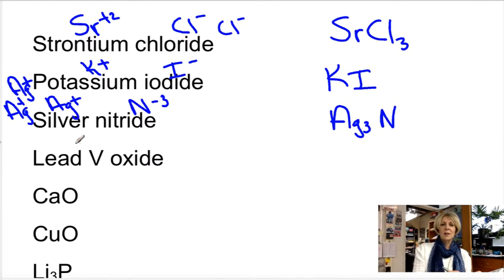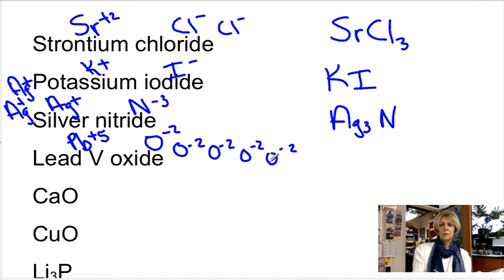Lead 5, that tells me the charge is +5. And oxide, I know oxygen is a -2. Now this one's a little challenging because I have to basically figure out the common denominator so I can get these guys to balance. So it looks like I am going to need 5 of these. 1, 2, 3, 4, 5.